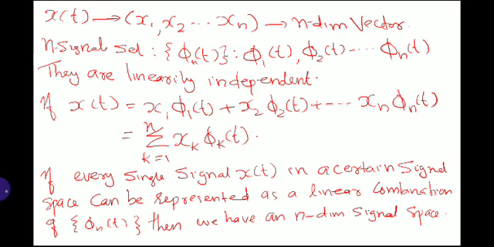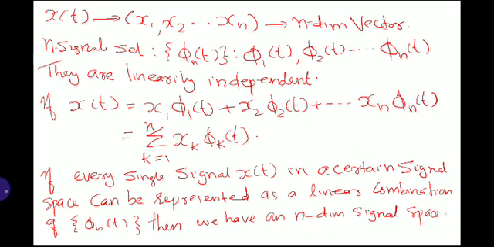So we'll see the details. So this says that consider you have a signal x of t. So this x of t can be ultimately represented as an n-dimensional vector x1, x2, etc. xn. This is done with the help of what are called basis signals, which are n in number.